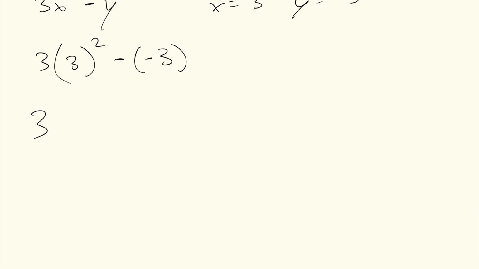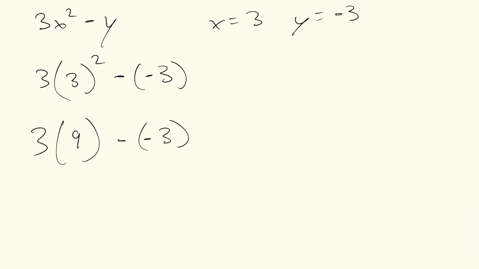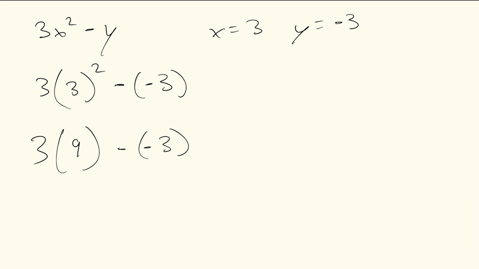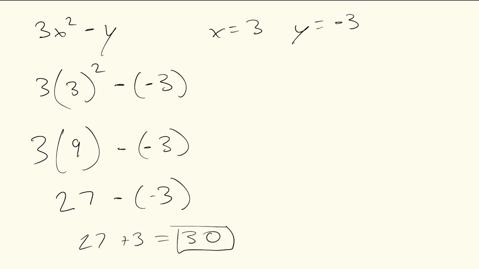So you have 3 times 9 minus negative 3. And so we multiply before we subtract. So you have 27 minus negative 3. And subtracting a negative is simply adding a positive. So this is essentially 27 plus 3, which is equal to 30. So all in all, not too bad.